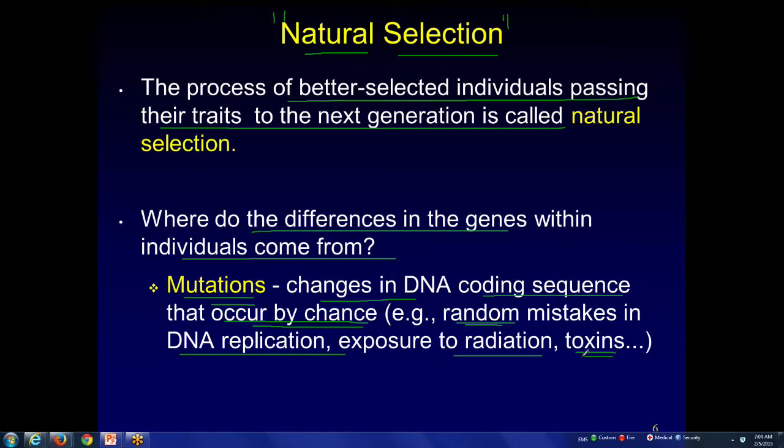Like when someone goes out in the sun and they're struck with UV rays, they don't have sunscreen, there can be a mutation in the skin leading to a mole, leading to even skin cancer. So we have chemicals, radiation, and mistakes when the cell's doing its various cellular processes. Cells can make mistakes, and that leads to mutations, changes in the DNA. And those changes, guys, lead to variation.